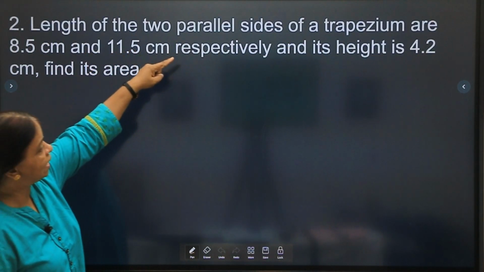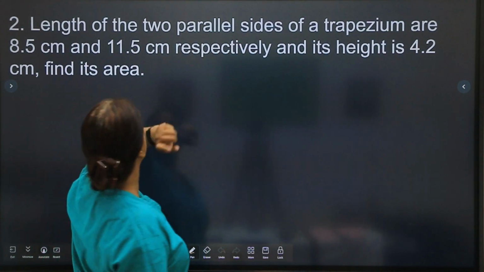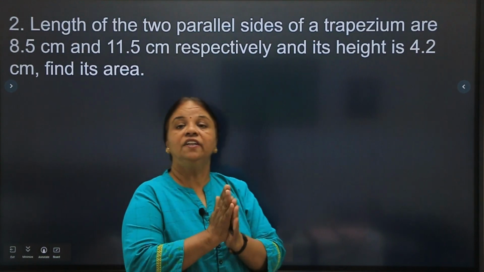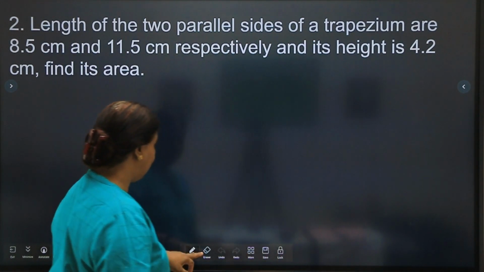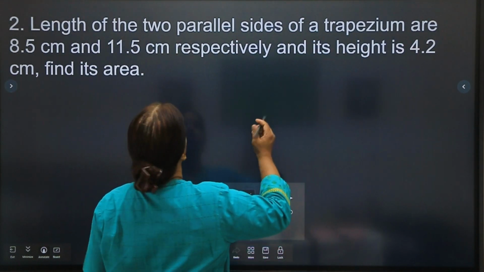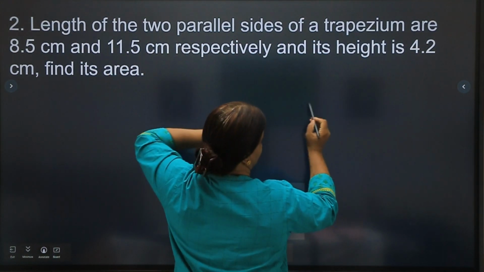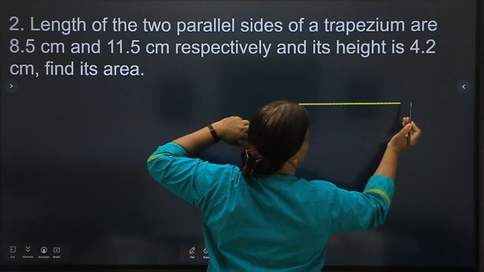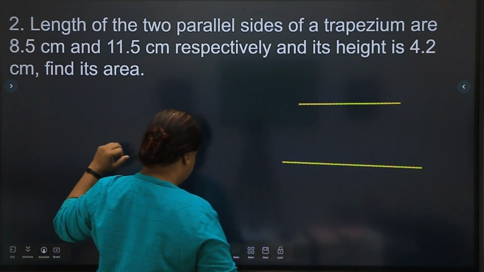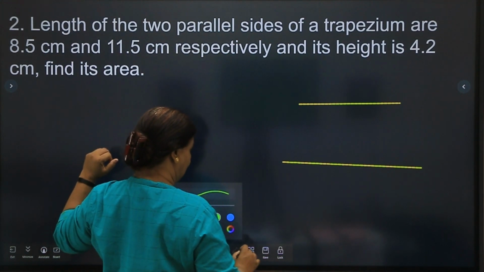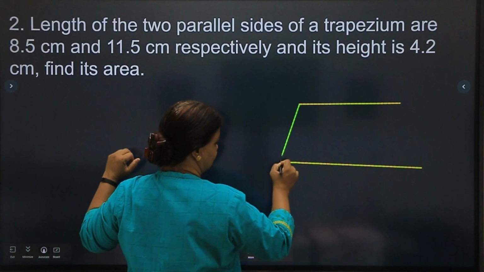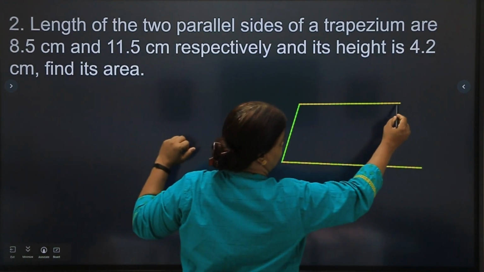Length of the two parallel sides of a trapezium are 8.5 and 11.5 centimeter. Here the figure is not given, but we can draw the figure. This is one side and this is another side. And if I want it to be a trapezium, then join this and join this.